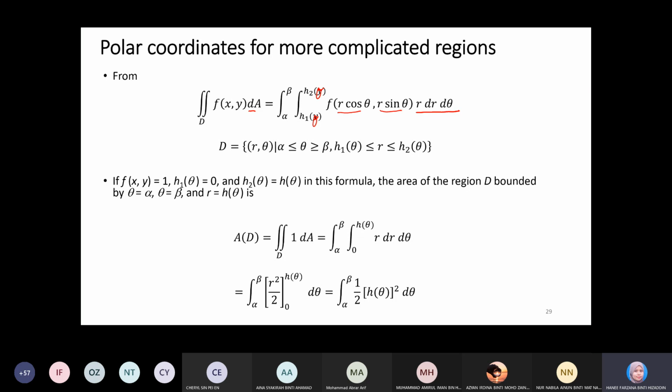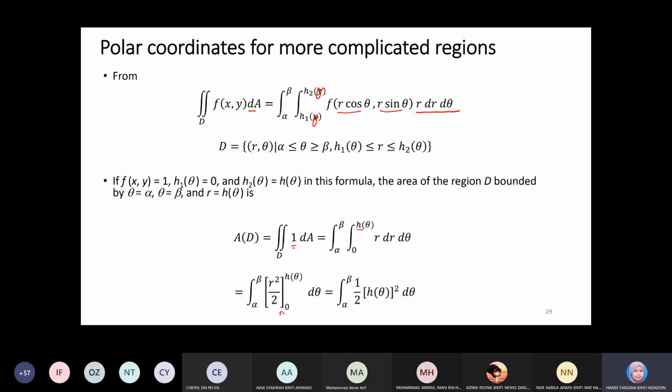This is just a simple formula where you just have a function of 1. If you just have a function of 1, then it's just a constant. So dA is just r dr d theta, and in this particular example, r starts from 0 until r equals h as a function of theta. First, you just integrate with respect to r. So you get r squared over 2, and then you put in r equals 0 until r equals h theta.